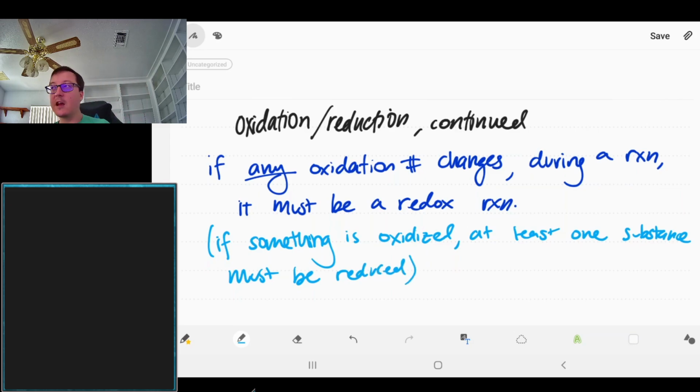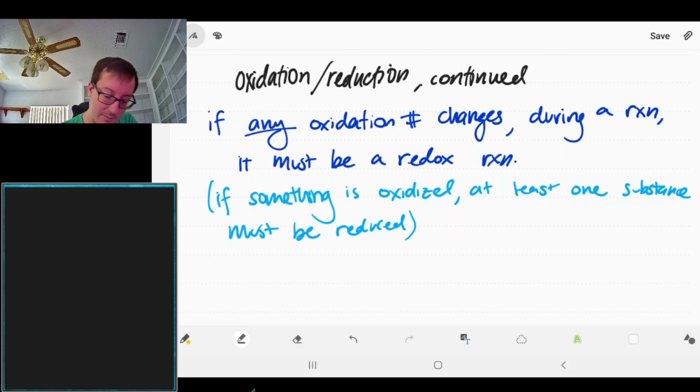You're going to see that sometimes you can have multiple oxidations happening in one reaction or multiple reductions happening in one reaction, but if it's a redox reaction, you have to have at least one of each. One oxidation, one reduction. You can have more. You can have 3 oxidations, 1 reduction, that's fine, but at least one of each for it to be redox. So let's go ahead and take a look at a few problems.